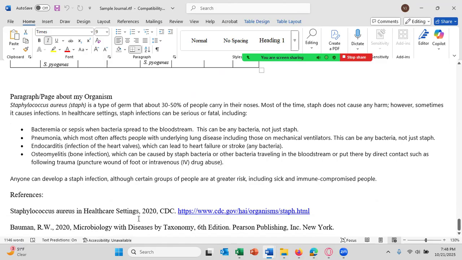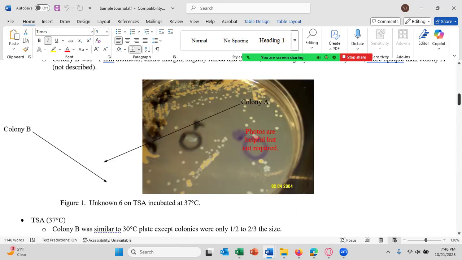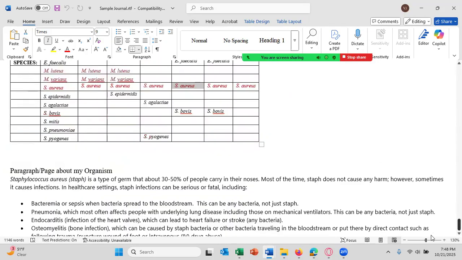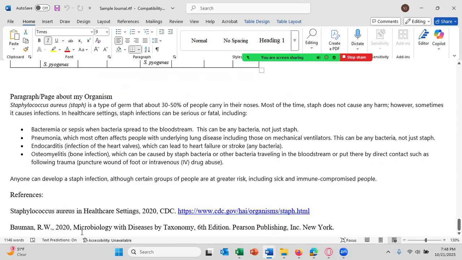I must have put these references in here to help you with the document because I've got 2020 and he did this report in 2004. So I put in the references probably. So I need to put in an index citation also. Any question about any of that?